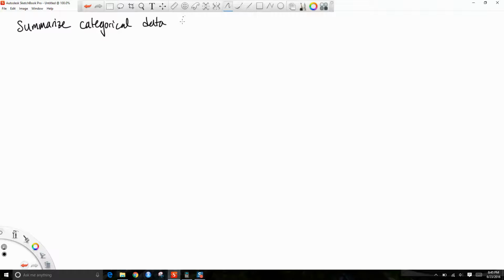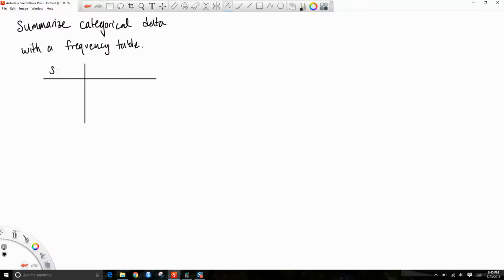What a frequency table looks like, again, this is for categorical data, is you're going to list off each of the categories.